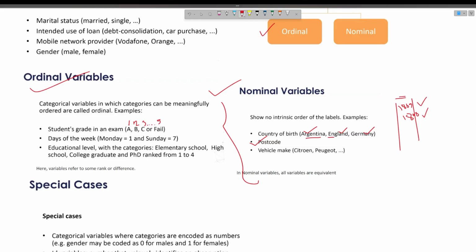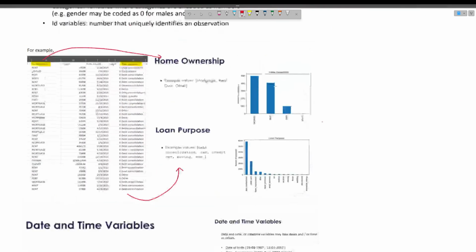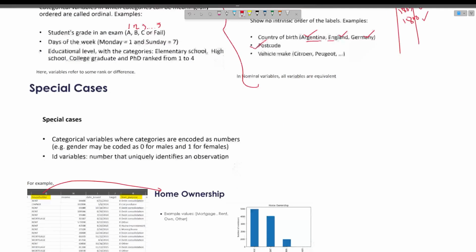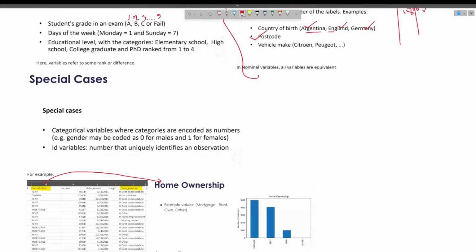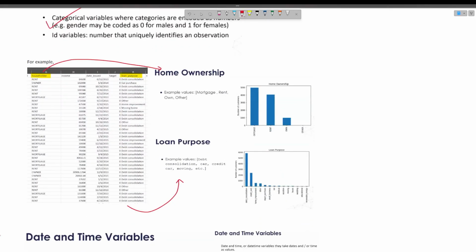Now we have again talked about the special cases, the encoded ones. Now let's talk about an example. I've taken this screenshot from the loan CSV we have checked. For the variable householder, we have rent, owner, mortgage, and so on.